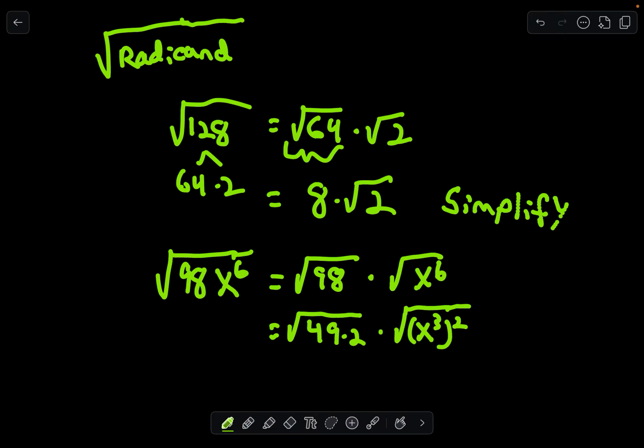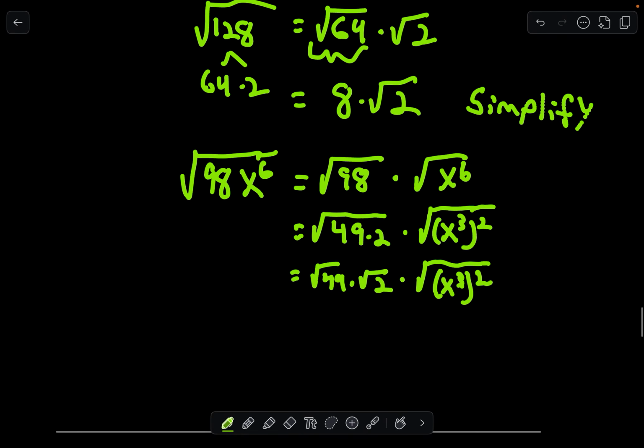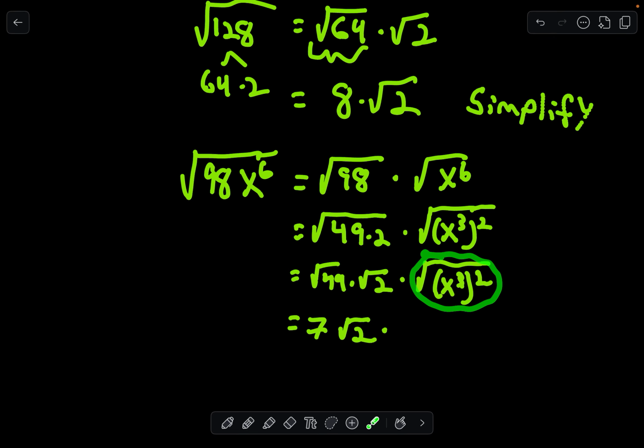And so the square root of 49 times the square root of 2 times the square root of x to the 3rd squared. The square root of 49 is 7. The square root of 2 can't be simplified. And this right here, they kill each other, right? The square root and the squared. So it just gives you x to the 3rd.